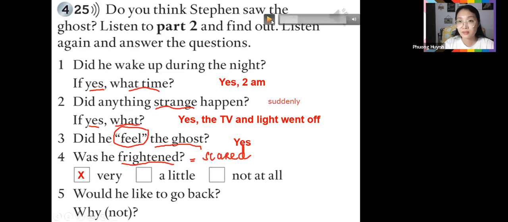And next one. Now I was scared. I couldn't see anything strange, but I could feel that there was somebody or something in the room. I got out of bed and turned on the light and TV again.